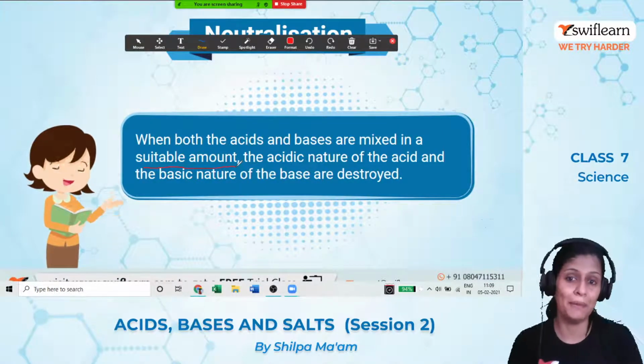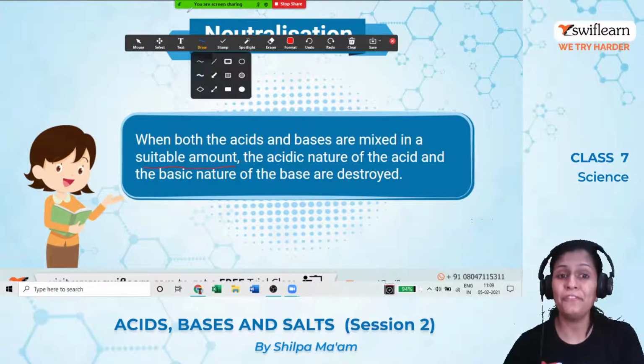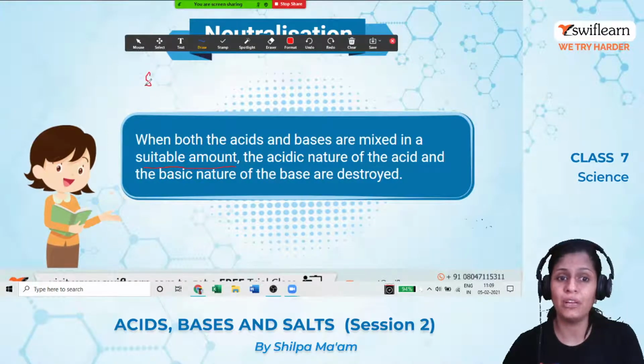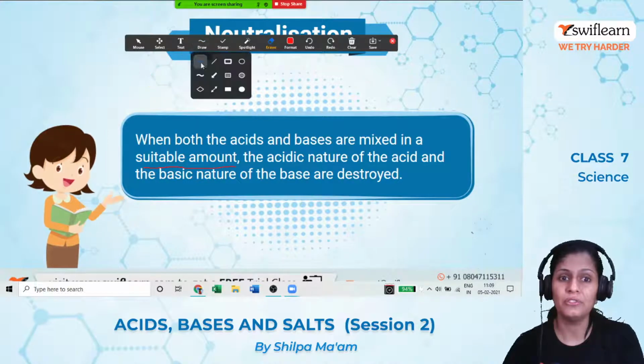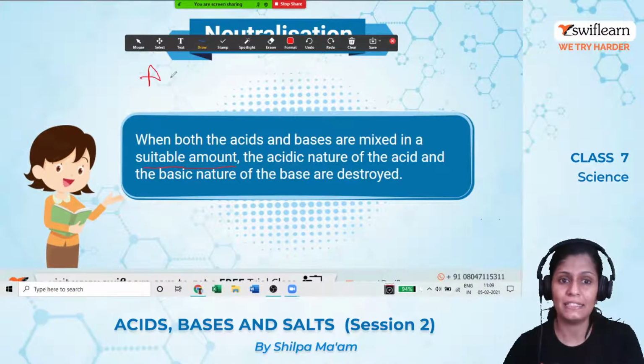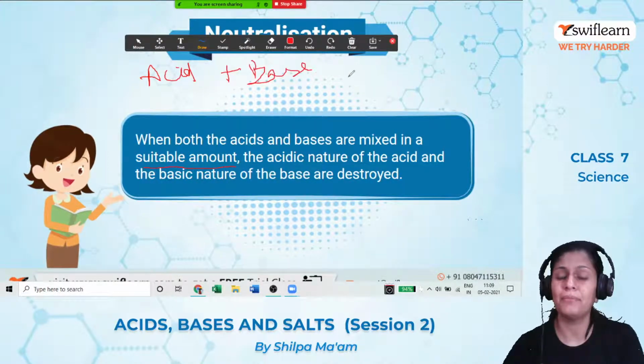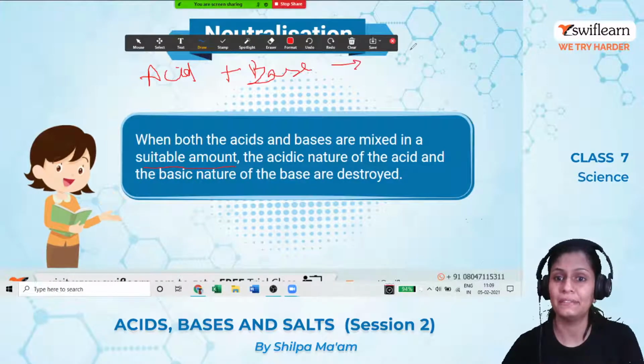Why suitable amount? Because let's suppose you take a strong acid. Acid and base combine to give you a salt. This is a neutral thing, which is a salt.